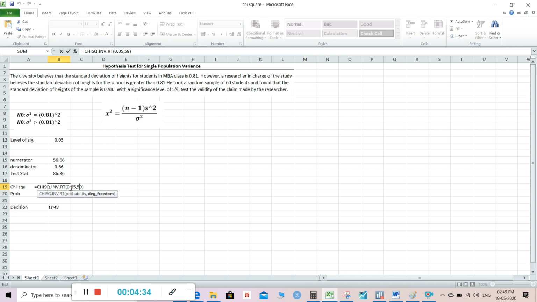So let us see what the critical value associated with these parameters is.